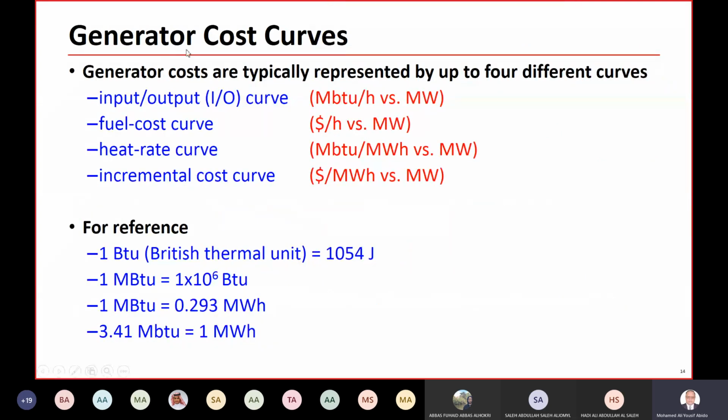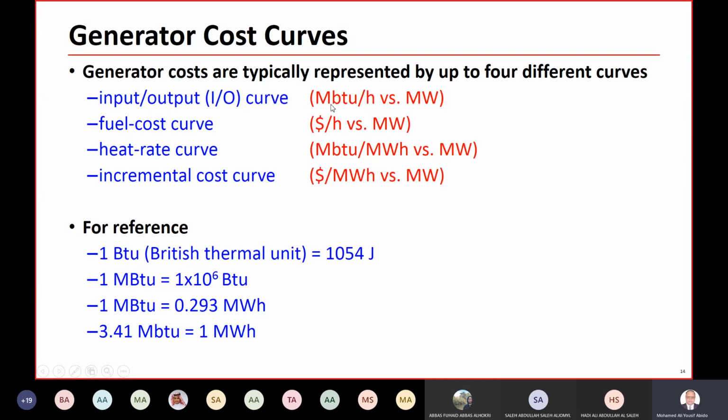The cost curves that we need to solve the economic dispatch problem can be classified as four curves. The input-output curve is a relation between million British thermal units per hour versus megawatts. Megawatt is the electric power output, and this is the British thermal unit input of the generation plant.